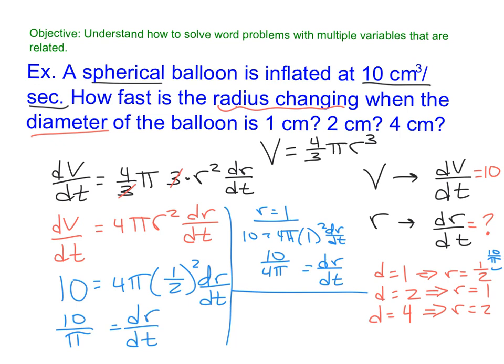And then the last one, if r equals 2, 10 equals 4 pi times 2 squared. So dr dt equals, what's that, 16? 2 squared is 4, 10 over 16 pi, which is 5 over 8 pi.